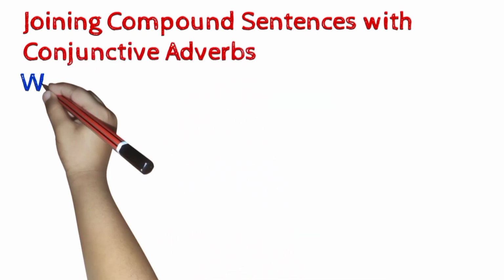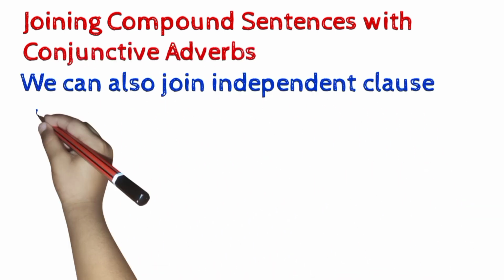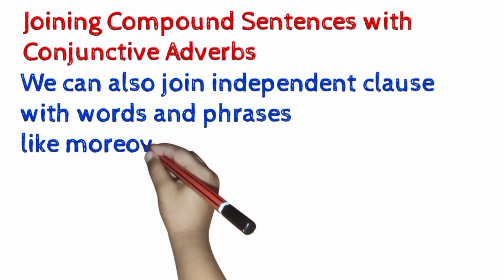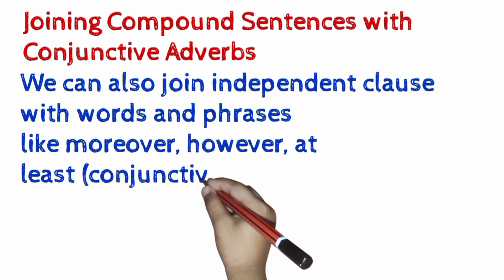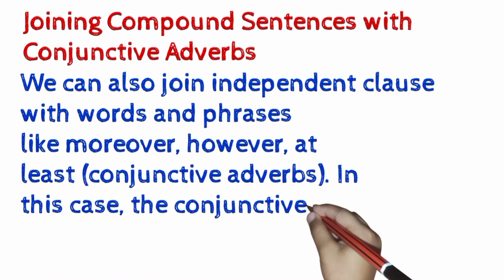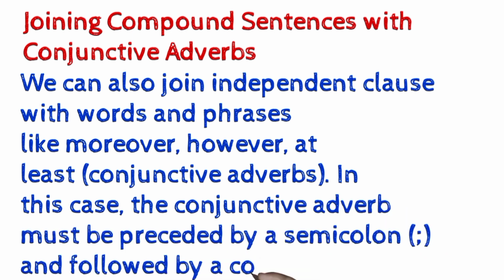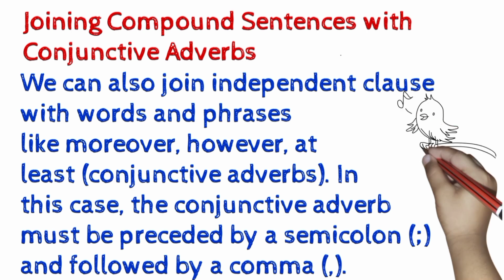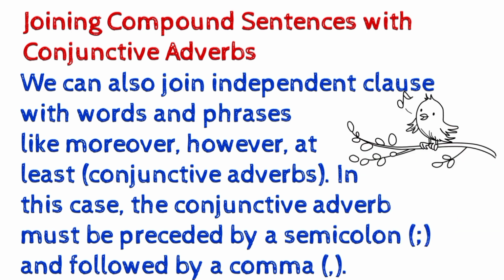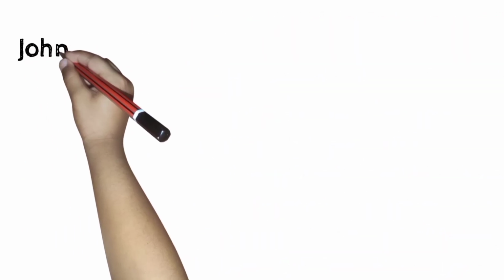Many times we also use conjunctive adverbs. Conjunctive adverbs are nothing but adverbs, but because they are used as connectors, they are called conjunctive adverbs. For example, moreover, however, at least. We use these to join independent clauses.